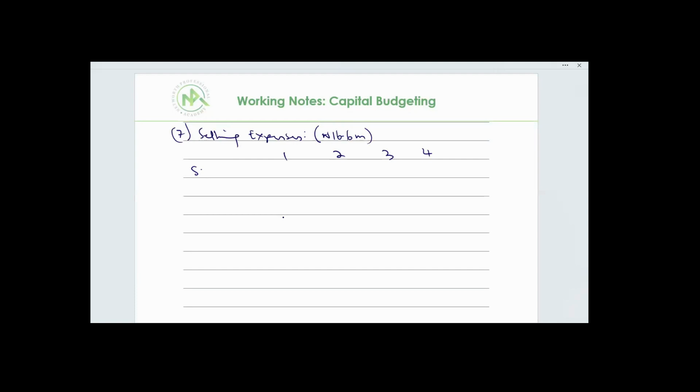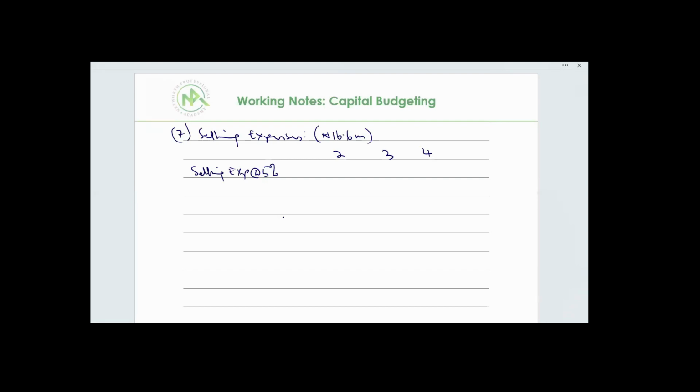Selling expenses at 5% inflation rate. So look, pay attention, please. Remember, our figures are rounded to a million.